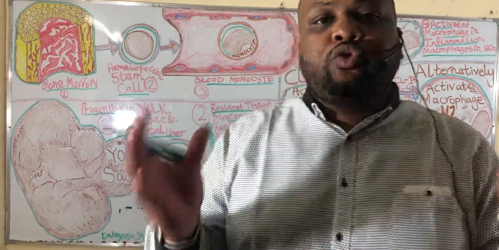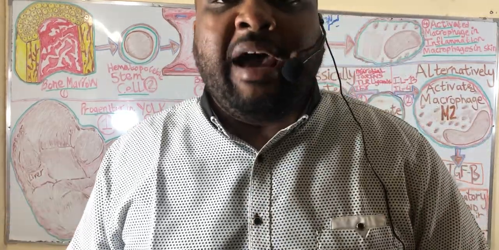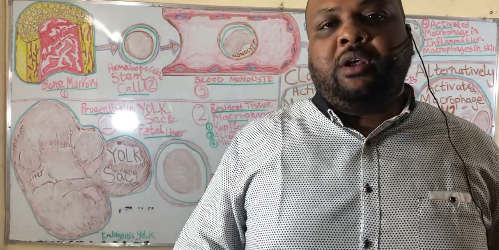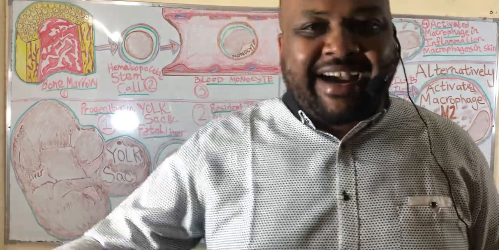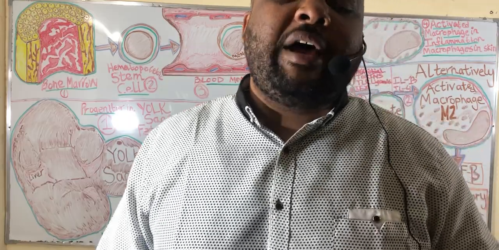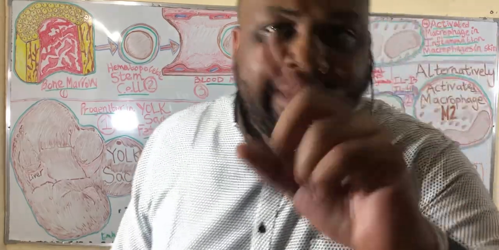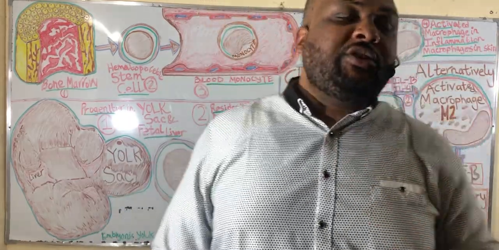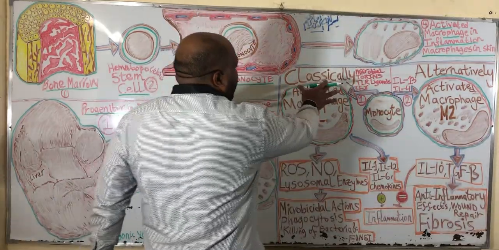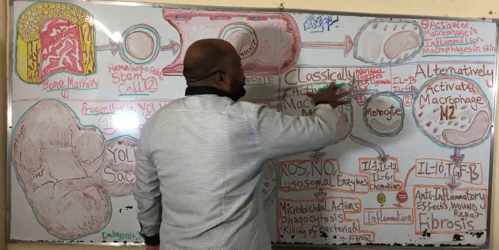So the macrophage can do both. It can have pro-inflammatory actions, microbicidal actions, and it could also have pro-healing and anti-inflammatory actions. So how does it know? So we have two paths, and you need to know them.